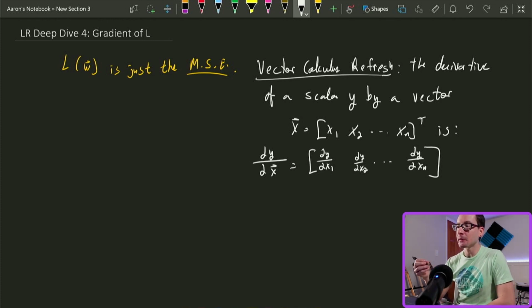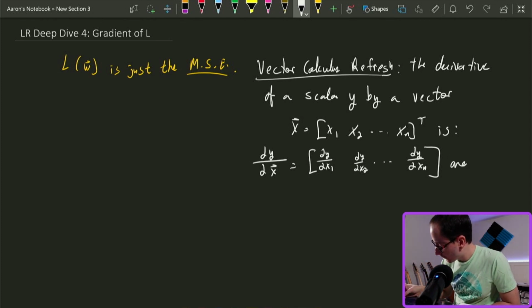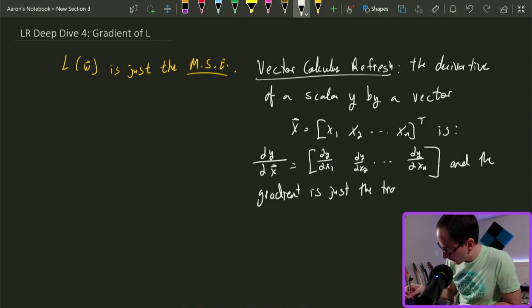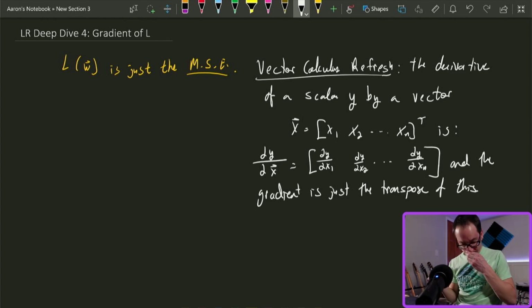Remember, we said the gradient is essentially a column vector that contains the partials of all the independent variables. So the gradient is just the transpose of this derivative right there. Okay.